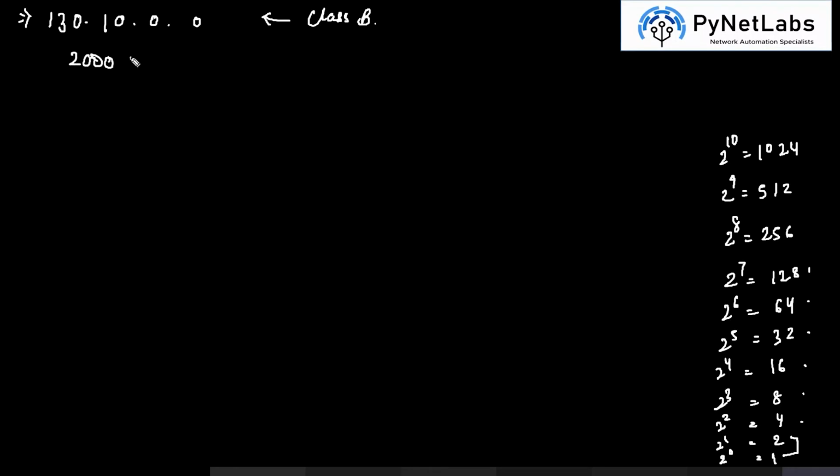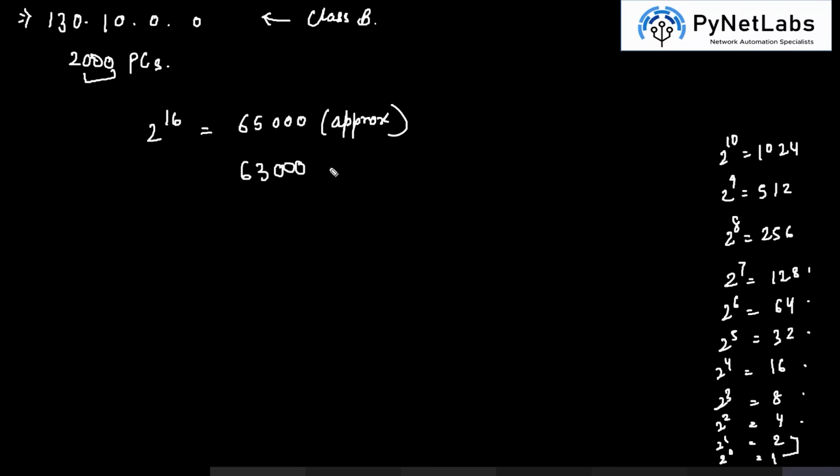to 2000 PCs. The number of hosts available in this IP range will be 2 raised to the power 16, which is something near 65,000. 65,536, I guess. I'm not pretty sure. It is around 65,000. And if we assign the whole range to these 2000 PCs, there will be a huge wastage of 63,000 IPs.